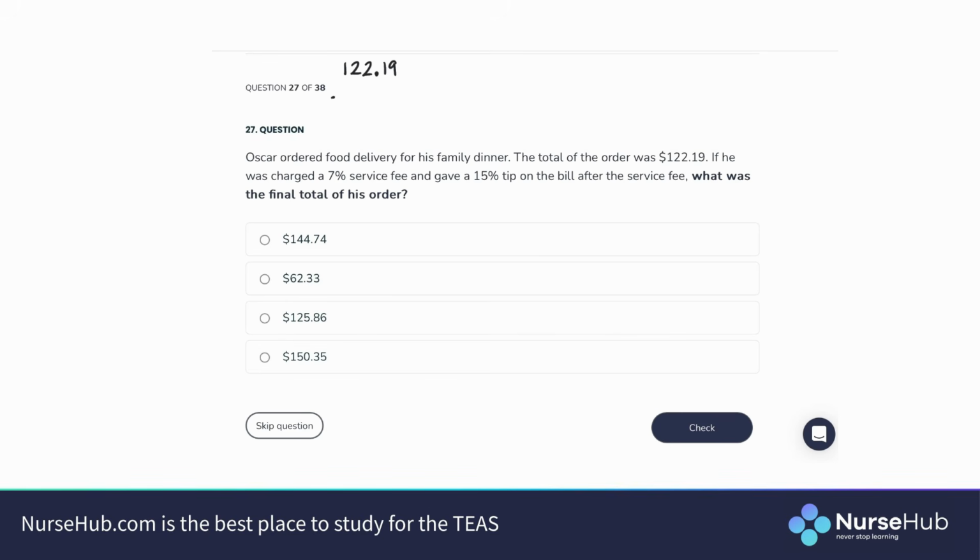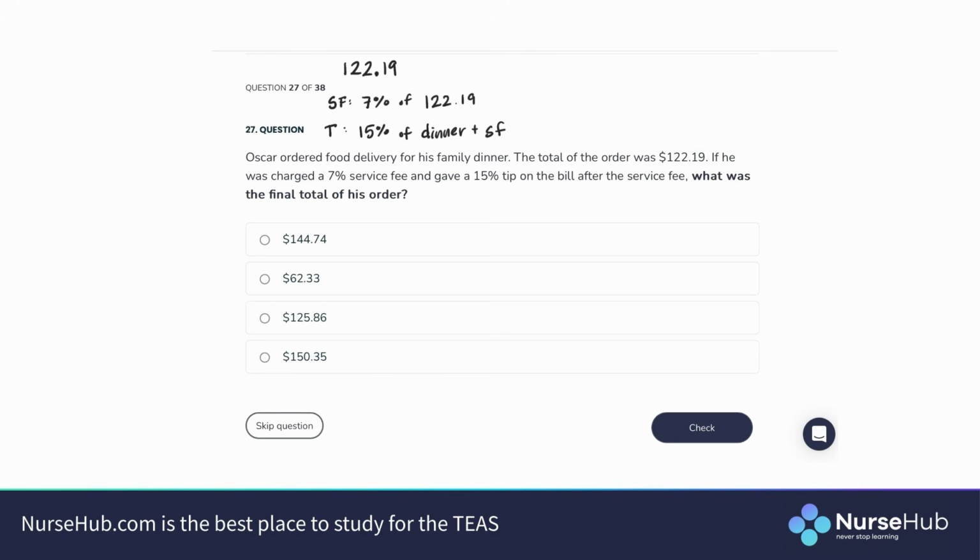So we know the service fee is 7% of $122.19. And we know the tip is 15% of the dinner plus the service fee. So what can we figure out first? Well, we should figure out the service fee.